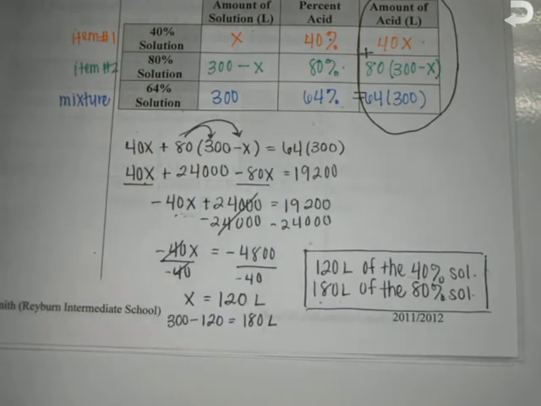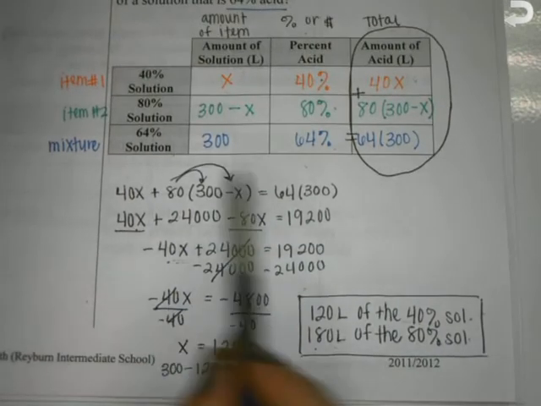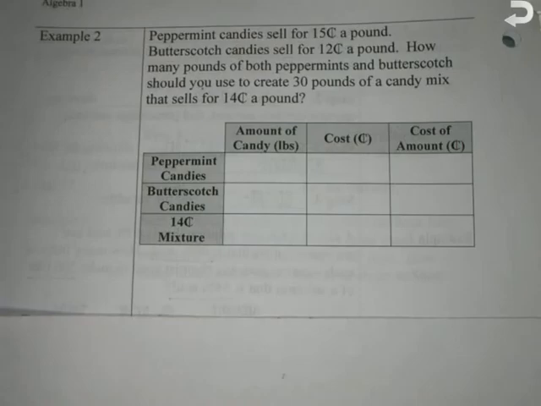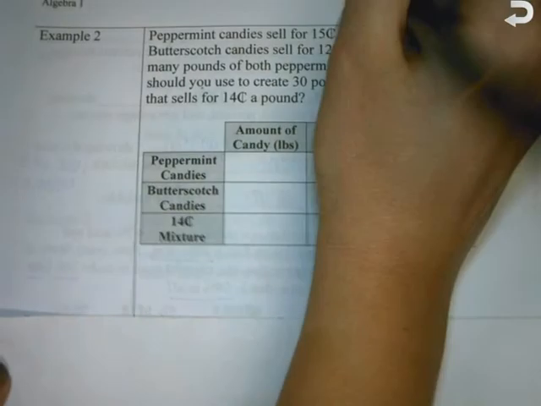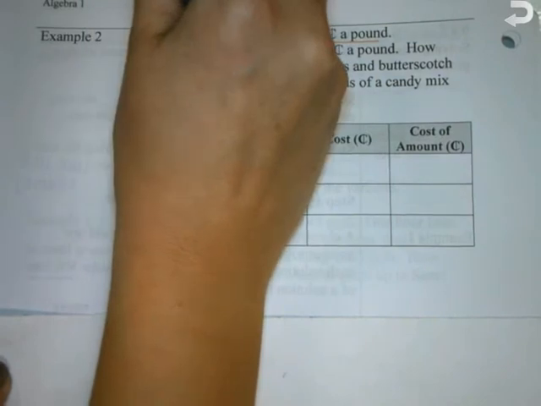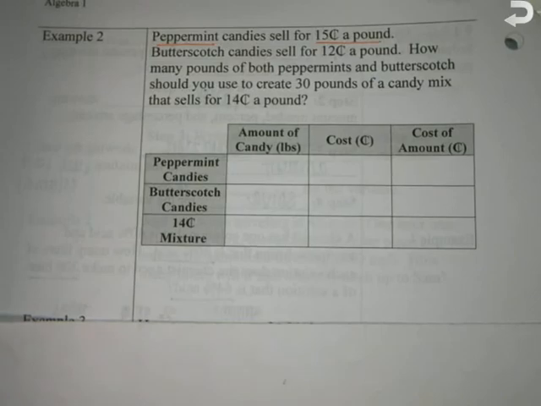Okay, example 2, we're working with candy. Peppermint candies sell for 15 cents a pound. So I'm going to use orange for peppermint. Butterscotch candies, so I'm going to use green for that one. Butterscotch sell for 12 cents a pound.